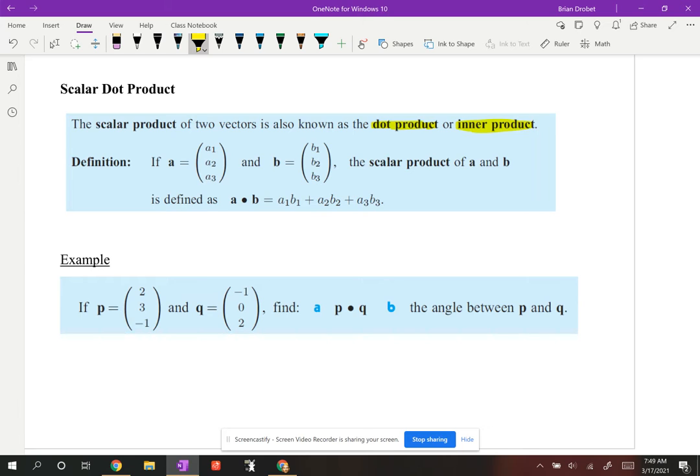So if you have a vector a with components a1, a2, a3, and another vector b with components b1, b2, b3, the scalar product a dot b is defined as a1 b1 plus a2 b2 plus a3 b3. So what you're doing there is just multiplying corresponding components, a1 times b1, a2 times b2, a3 times b3, and adding them together.